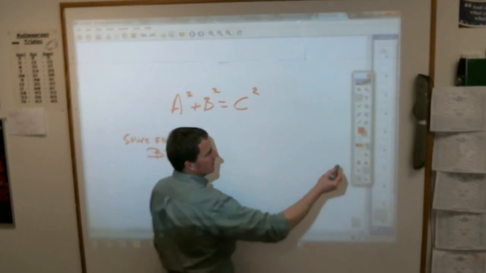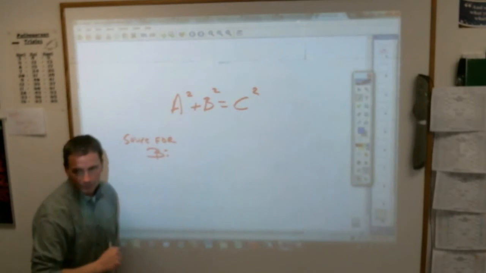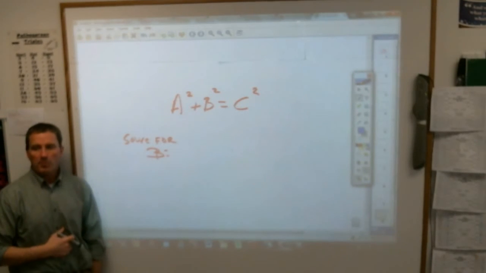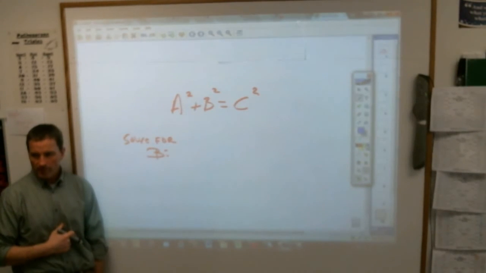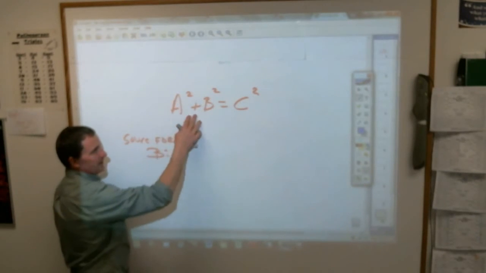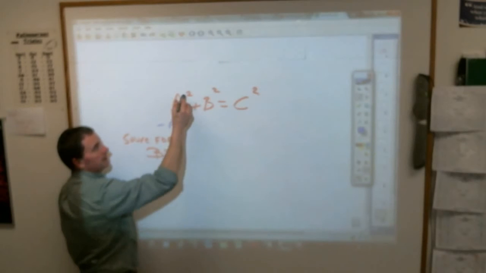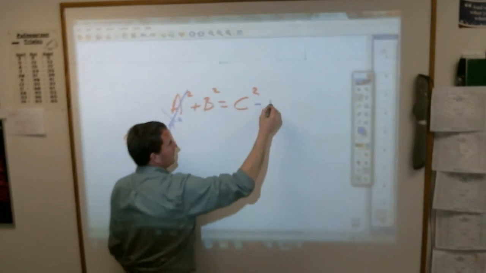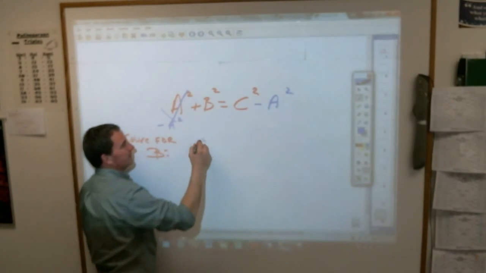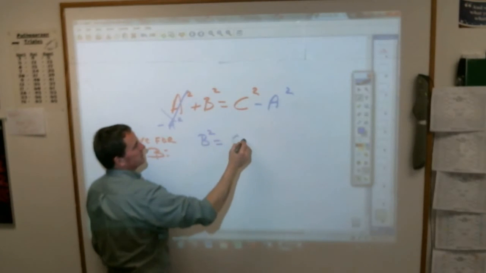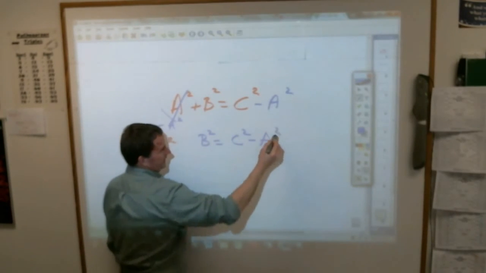Somebody. I want to get the letter b by itself. Cameron. Very good. I want to get rid of my addition subtraction stuff, so I'm going to subtract a squared. And I subtract a squared over here. So now I have b squared equals c squared minus a squared.